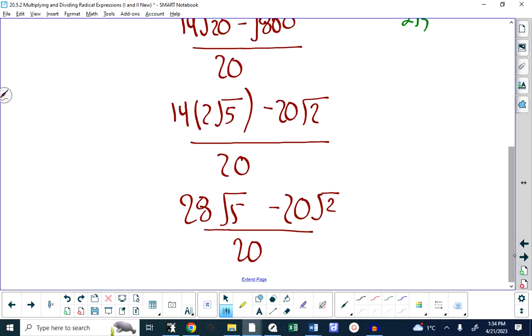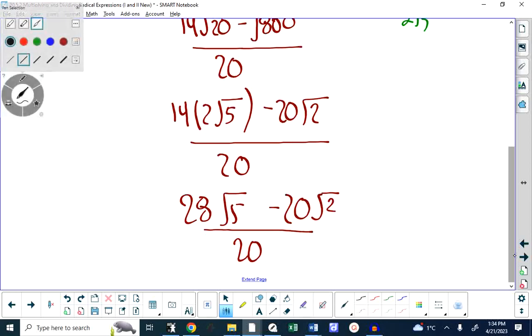Question for you guys. In terms of canceling, do you see how this is similar to the result of the quadratic formula? That you can't just cancel this with this. You have to reduce all three down.